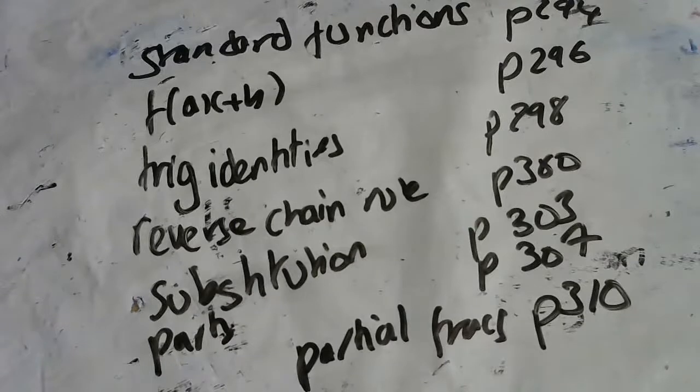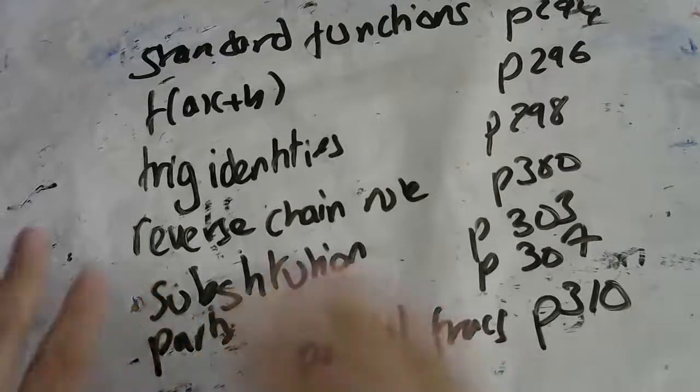As it stands, I've got 5 people. Let's see what's on the registers. Okay, I'm going to rub this one out, and we will start with substitution. And I'll show you some examples.